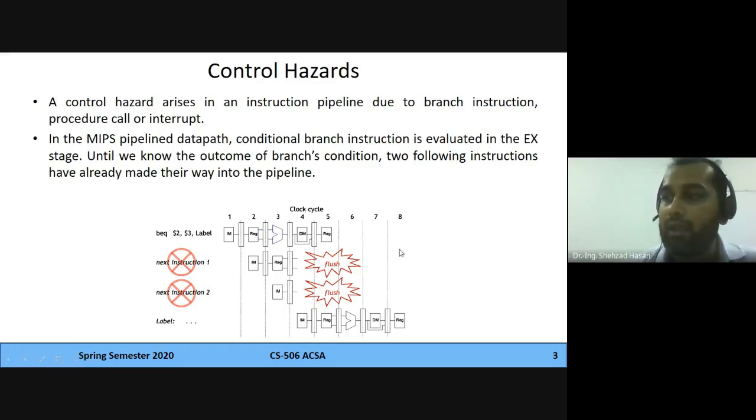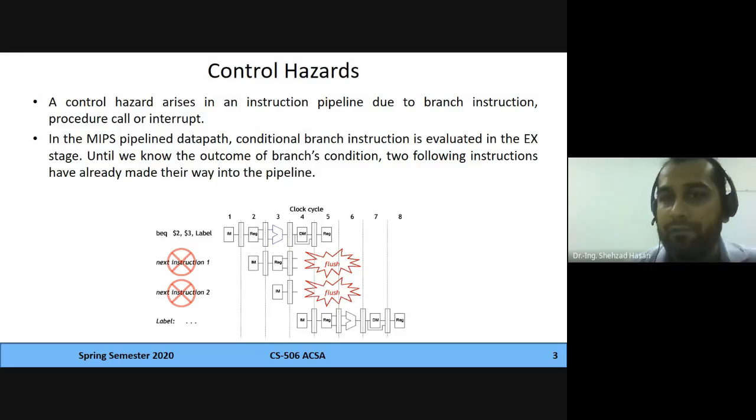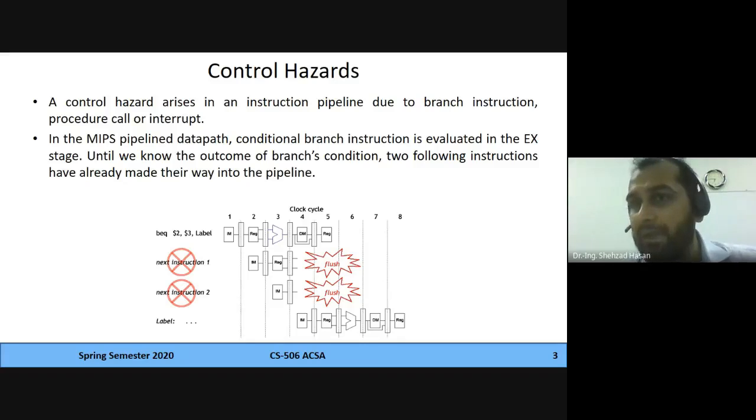Now, how can we reduce these stalls? If we have two instructions in our pipeline, how can we reduce them to a lesser number of cycles?